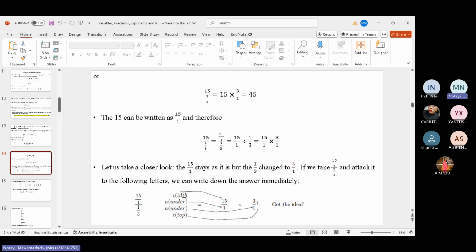We have T for top, and then U for under, and then we also have U for under, and then T for top. So that changes to 15 divided by 1, and then the 1 for under will stay underneath, and then 3 goes on top. We have 15 divided by 1 multiplied by 3 over 1.